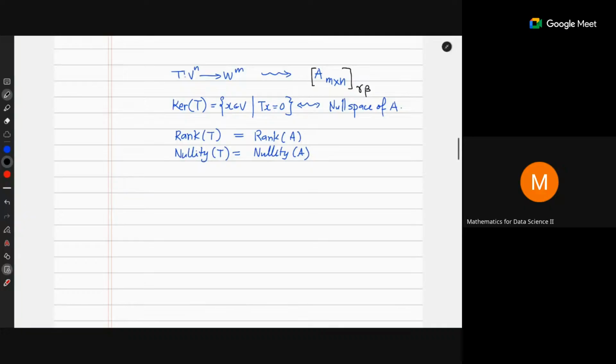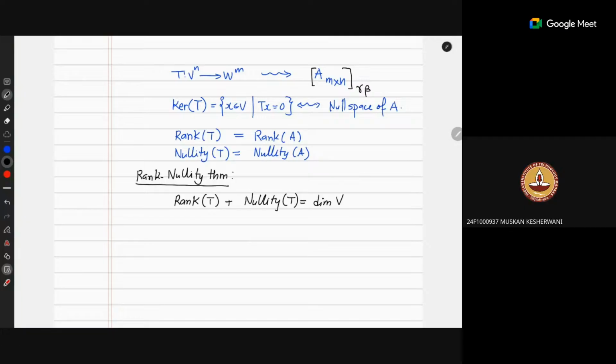All right. And similarly, there is another theorem called the rank nullity theorem, which says that rank of T plus nullity of T is equal to the dimension of V. Dimension of V, right?